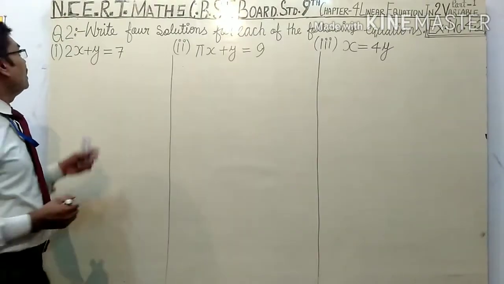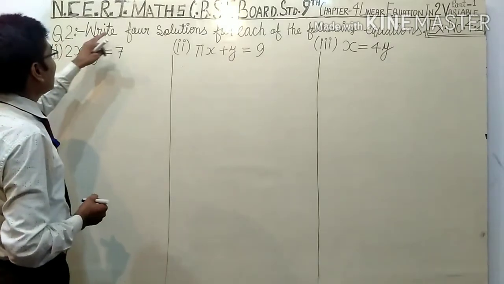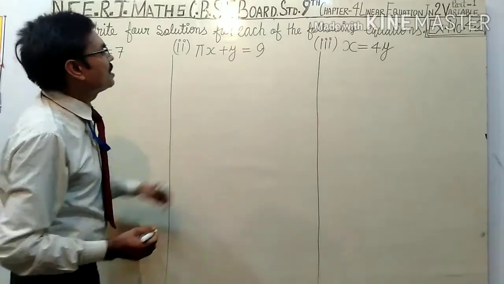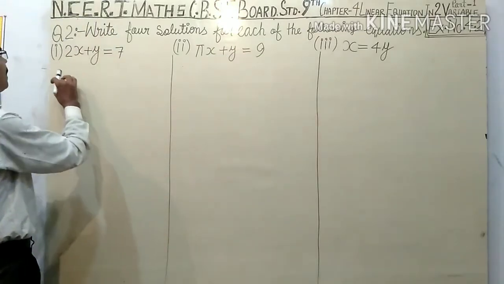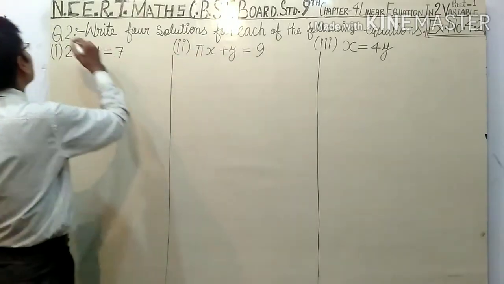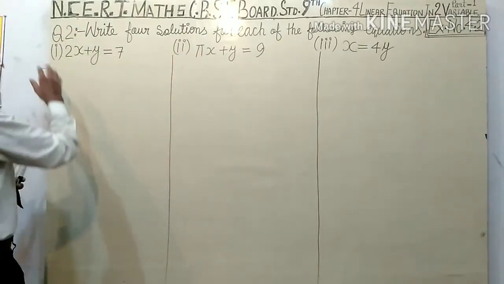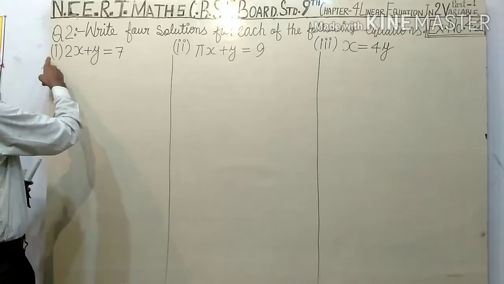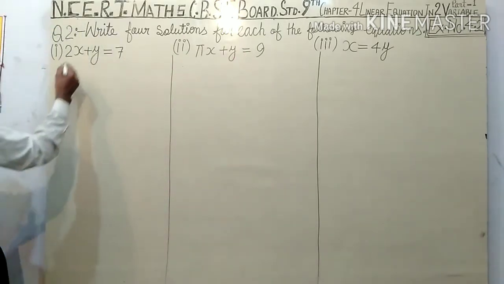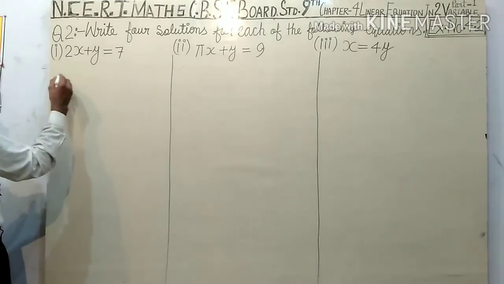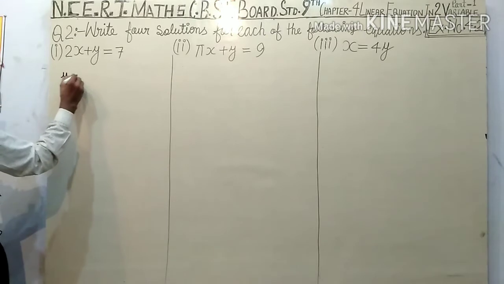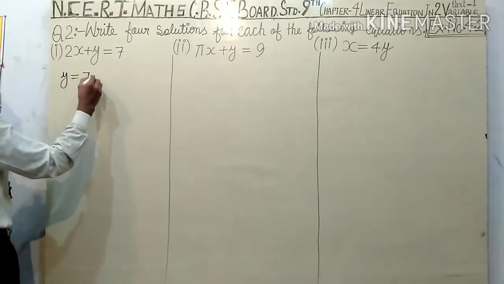Now for question number 2. And now students, question number 2, write 4 solutions for each of the following equations. And we have been given 3 equations belonging to question number 1, by name part 1, part 2 and part 3. Students, start solving. The given equation can be rewritten as y equal 7 minus 2x.